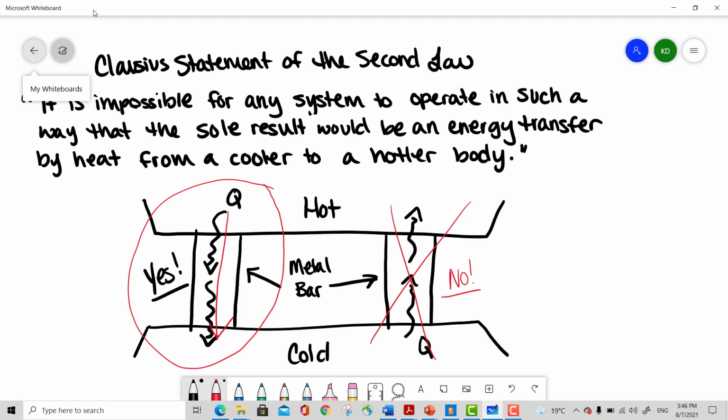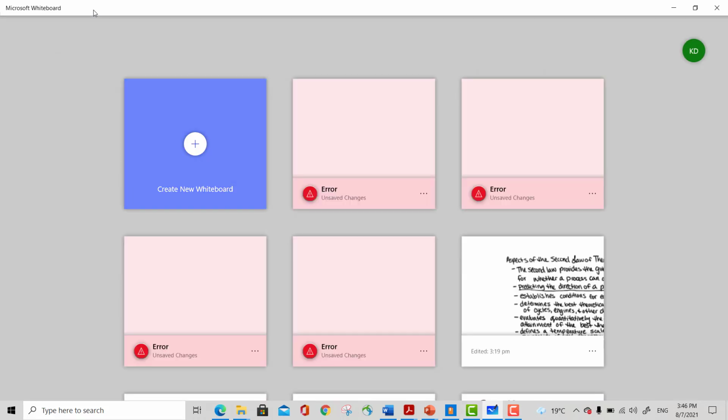Okay, and then to get into the Kelvin-Planck statement, we're going to need to know a thermal reservoir. So let's go ahead and define that first.